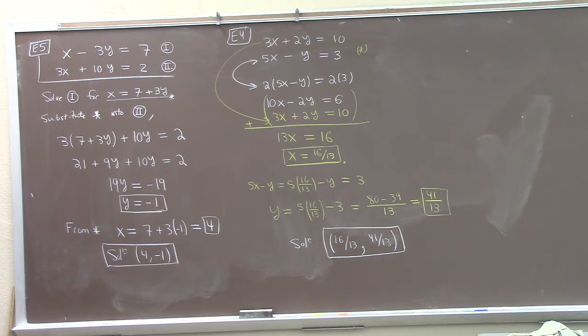Now, Tia, you don't like this because I did the substitution method, right? Oh, you did this one too? Yeah, the other way to do this would have been to multiply. I would have multiplied the first equation by 3 and then subtracted equation 2.